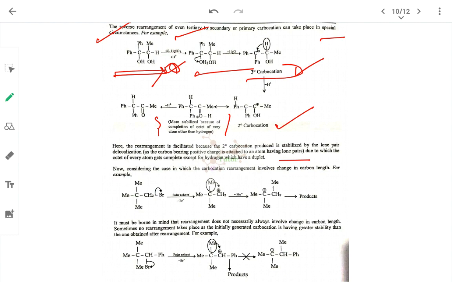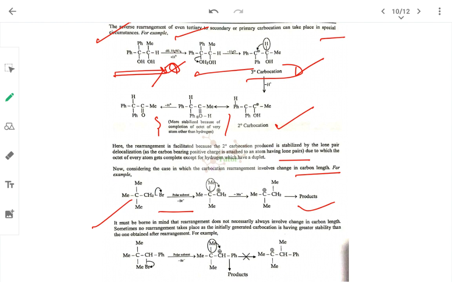Now, considering the case in which the carbocation rearrangement involves change in carbon length, for example, there is a carbocation and there is a methyl shifting, 1,2 methyl shifting, then it forms a product. It must be borne in mind that rearrangement does not necessarily always involve change in carbon length.